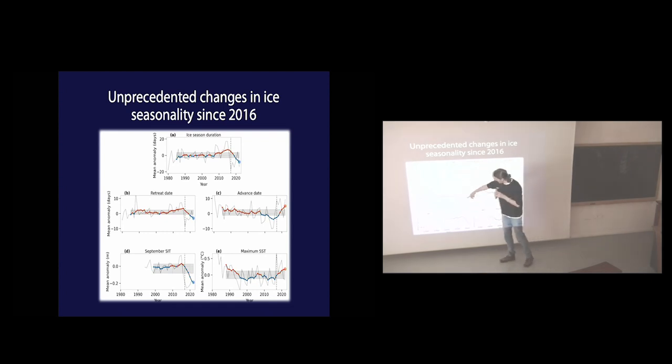You have the retreat date, and you see that the retreat has been earlier and earlier over the recent period. The advance has been later, so the sea ice season starts later and later. The thickness in September has been thinner and thinner according to observations, and the summer maximum SST has also increased. So everything seems tied together.